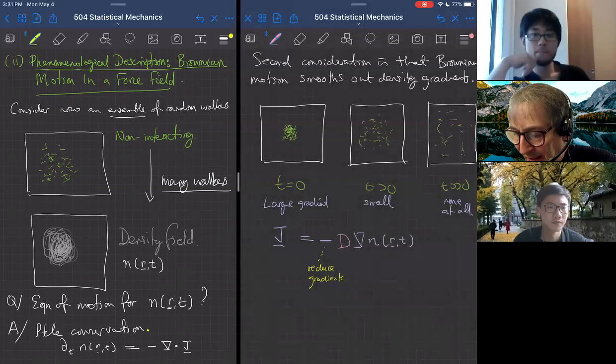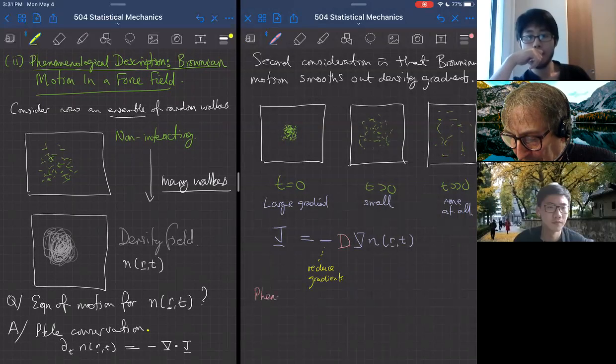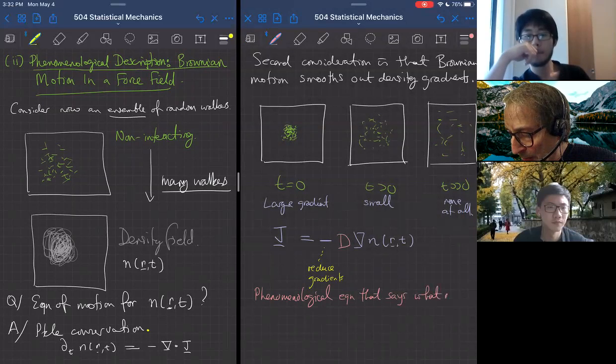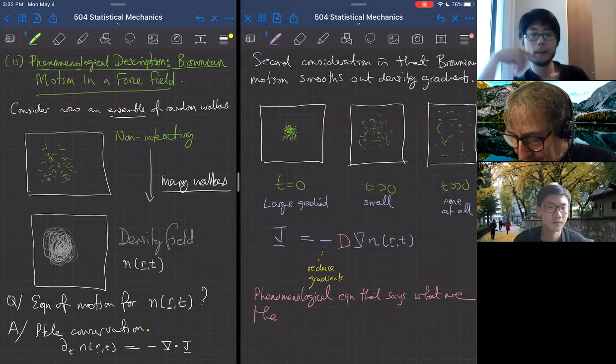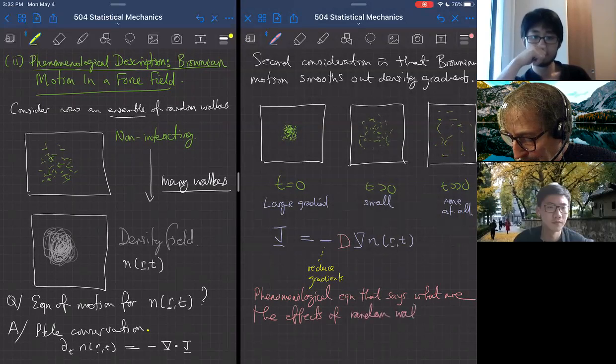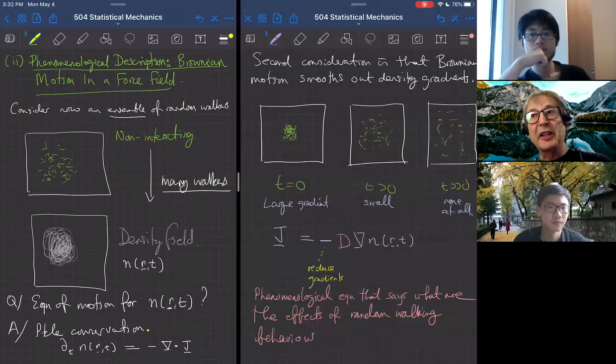So this equation here is a phenomenological equation that says what the effects of diffusion are. And it's not exact. It's a small gradient expansion.